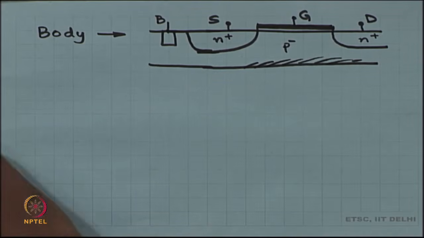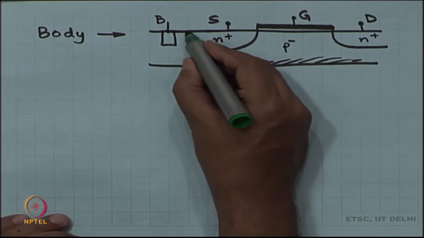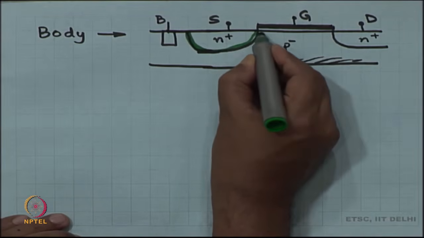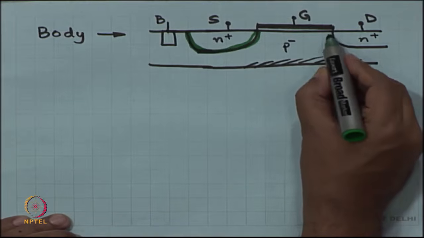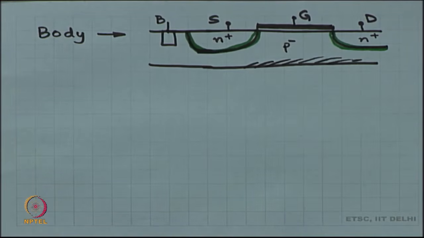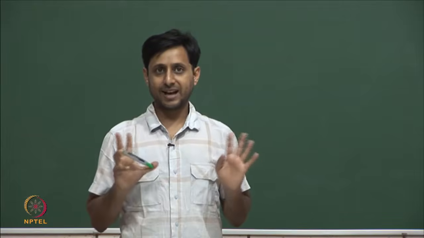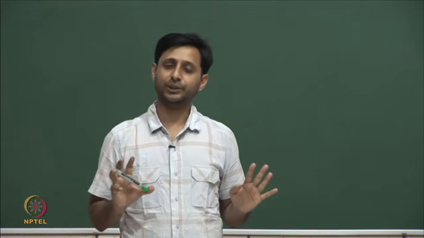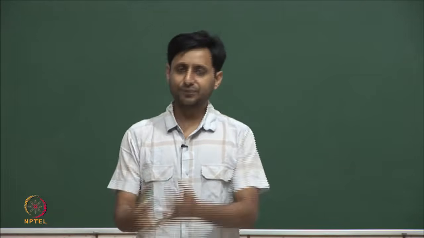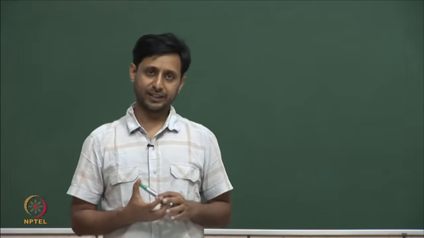These two PN junctions will automatically have some depletion region. Now, if you are not careful about these PN junctions, then they might get forward biased, and that is not something that you want, because when you forward bias the PN junctions, the MOSFET is not going to behave like a MOSFET anymore.